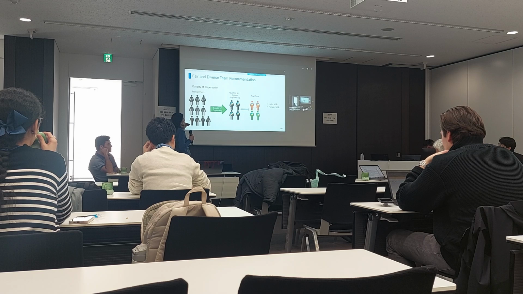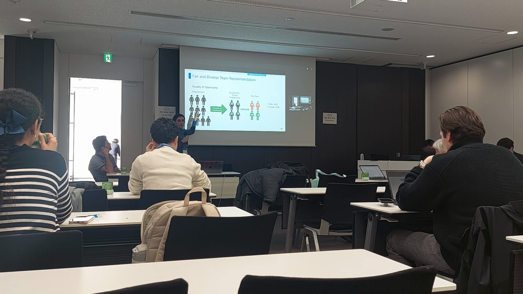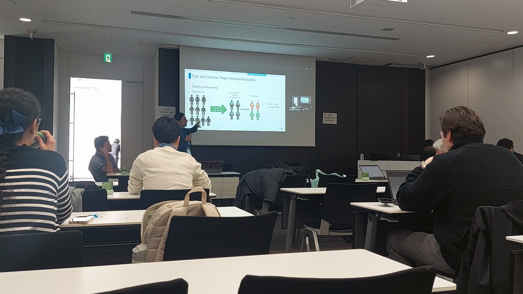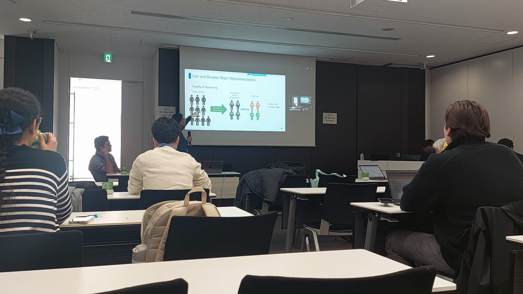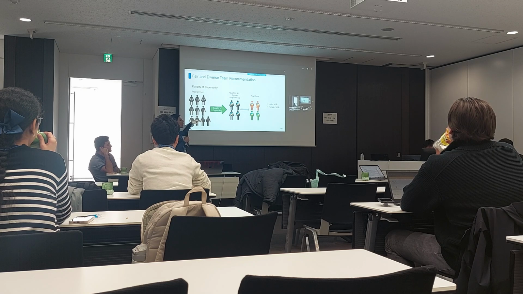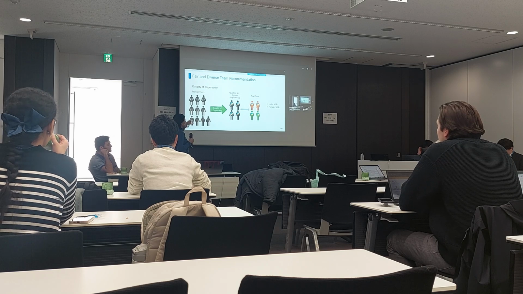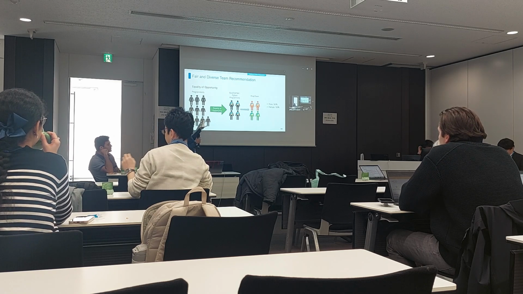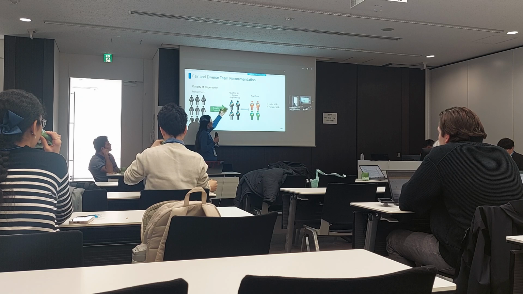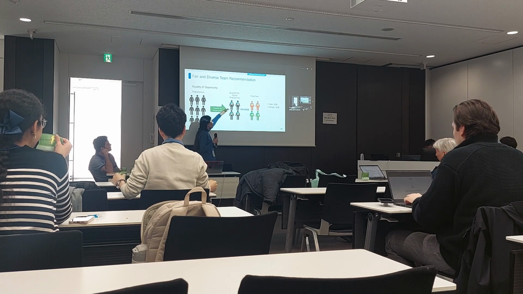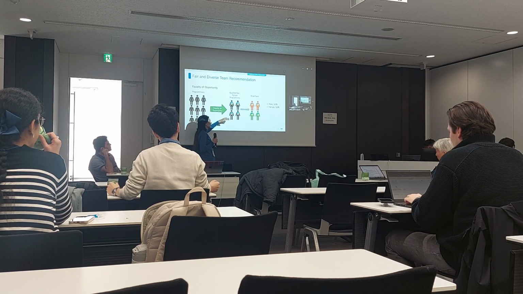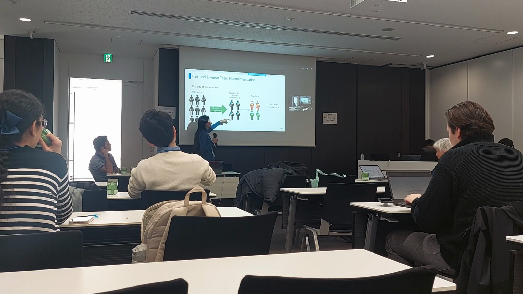The other notion we want to talk about is equality of opportunity. It is similar to demographic parity, but the difference is that with equality of opportunity, the focus is only on the qualified experts, not on all of the experts. Suppose that from the pool, 50% of skilled experts are female and 50% of the skilled experts are male.